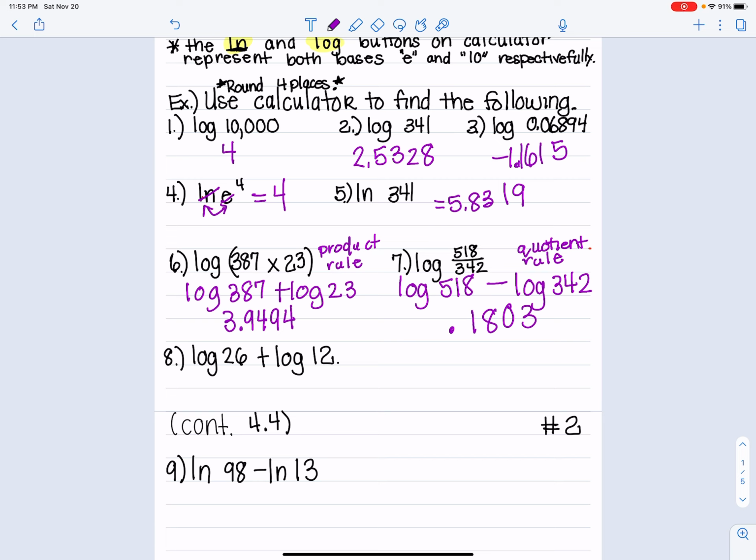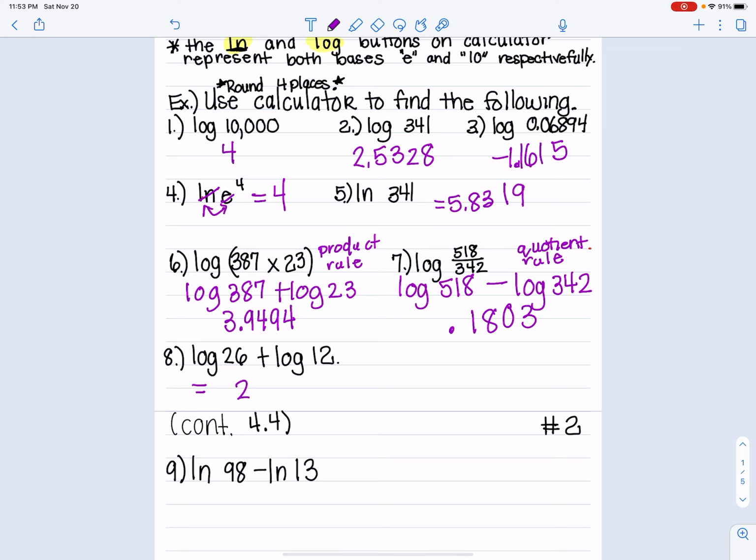Now, for the next two, 8 and 9, you don't have to reverse it back to multiplication or division. You want it as addition so you can type it in the calculator. So leave this as it is and just type it in the calculator. Log of 26 plus log of 12. Okay.